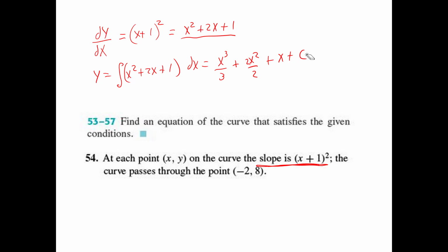But we need to figure out the value of c, and we know that when I put in -2 for x, I get 8 for y. So then I get 8 is equal to -8 thirds. The 2's cancel out here. Plus 4 minus 2 plus c.